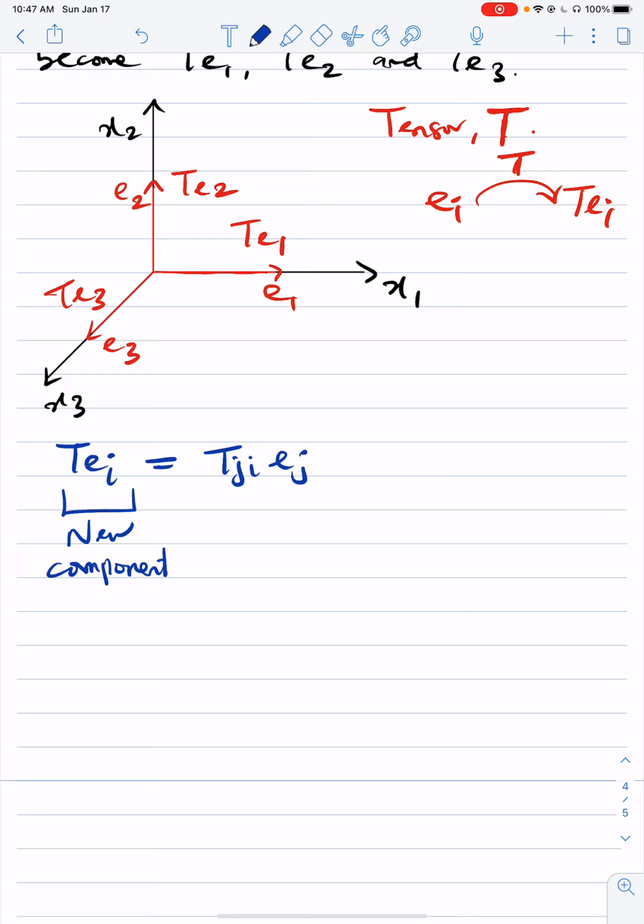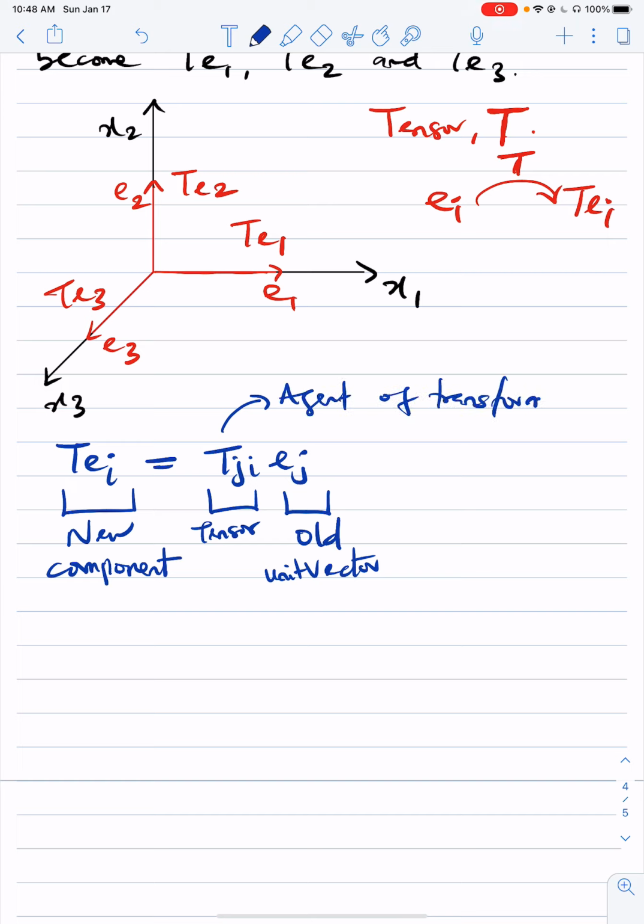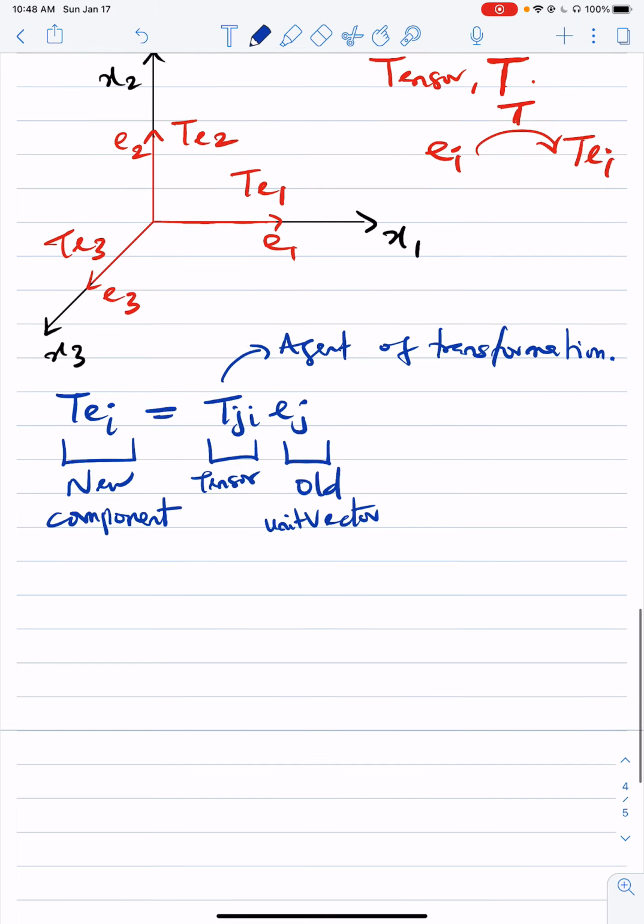This is the old unit vector, and this is the matrix that has done the transformation. Let me stick with the word tensor, because even though it's a 3 by 3 matrix, a tensor is a tensor. That's the agent of transformation. I hope this makes sense to you.